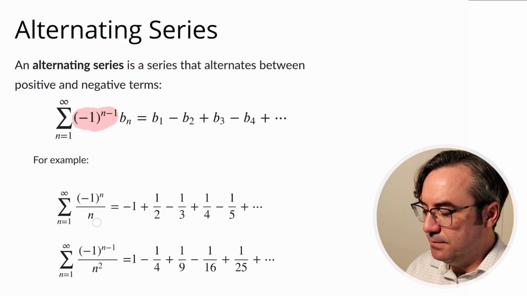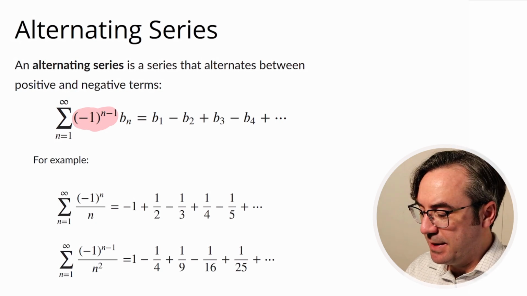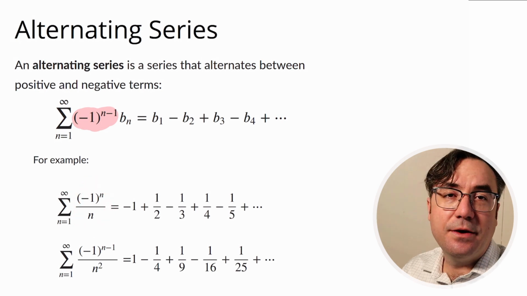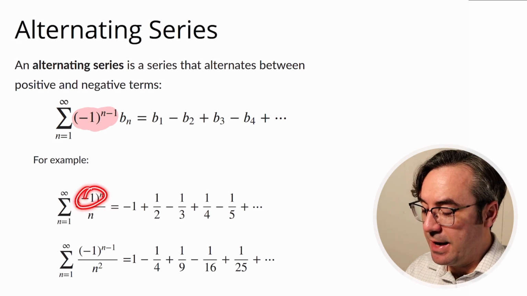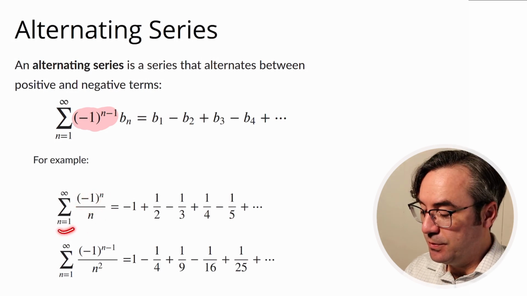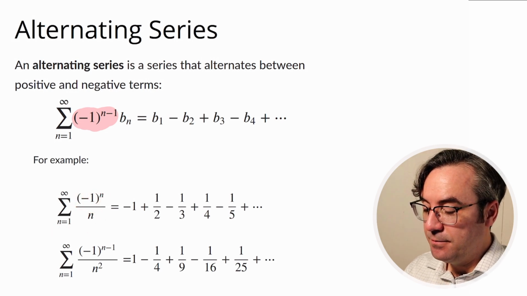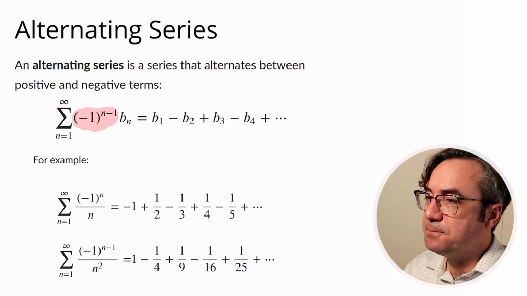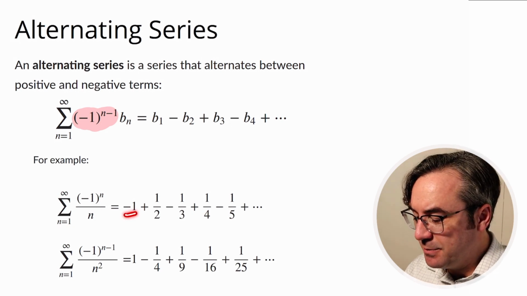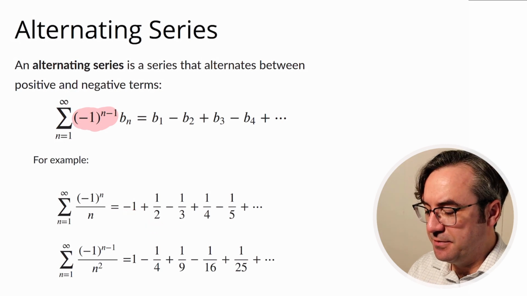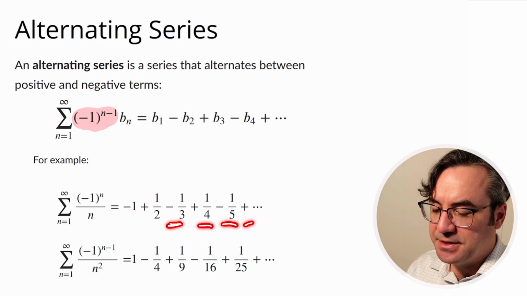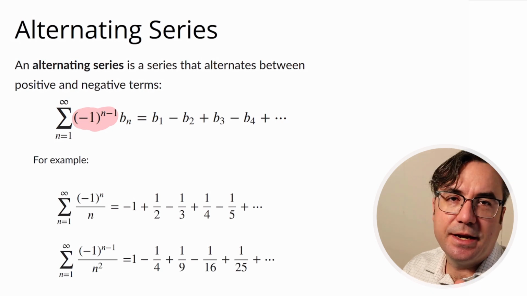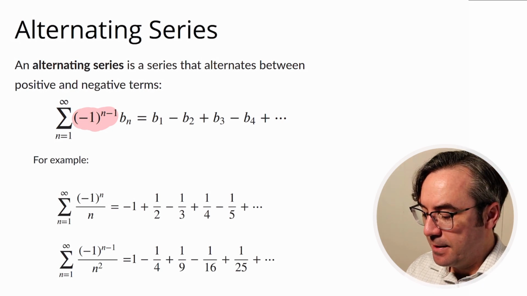As an example, -1 raised to the power n divided by n, doing the series here. If you write out the first few terms, you see the first term is negative, the second term is positive, negative, positive, negative, positive, and so on. So it has that alternating pattern.